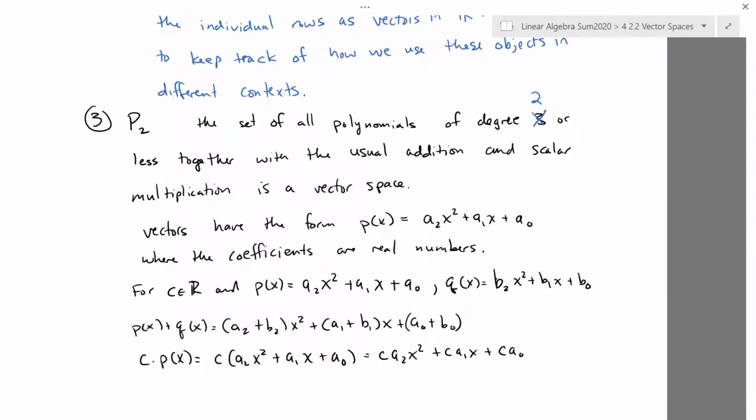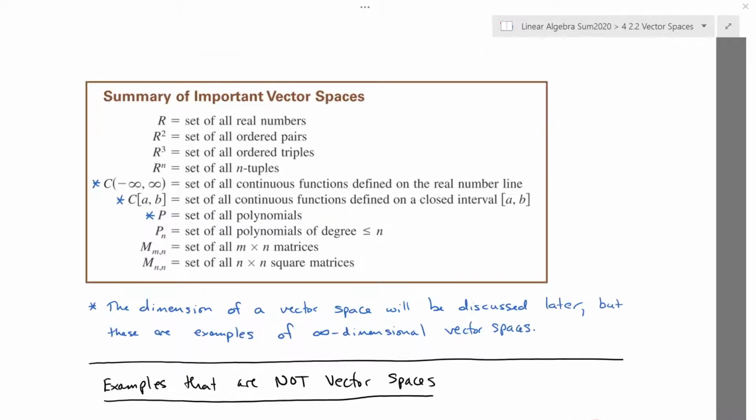Okay, so these are a couple of examples of different vector spaces from the standard Rn that we're going to be dealing with. At the top of this page, in this little brown box here, is a summary of various different kinds of vector spaces. These aren't all the possible vector spaces.